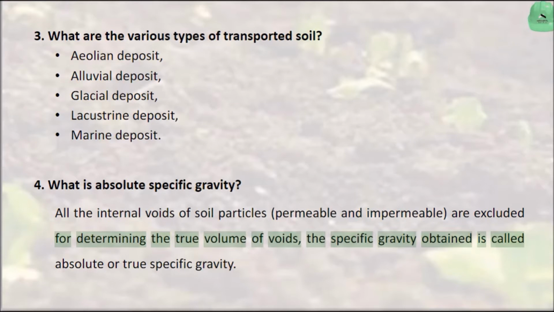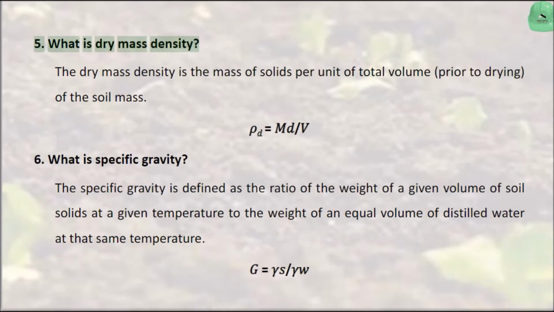The specific gravity obtained is called absolute or true specific gravity. 5. What is dry mass density? The dry mass density is the mass of solids per unit of total volume, prior to drying, of the soil mass.